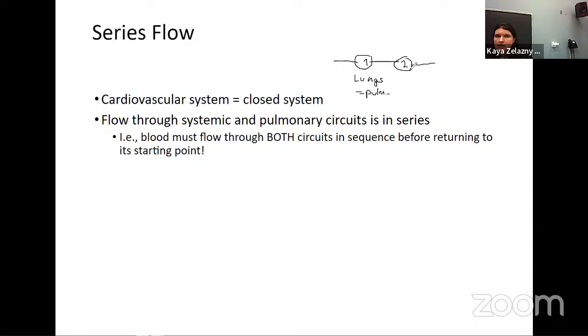And then next, second, we go out to the body, okay? So we went back to the heart. Now the left ventricle is pushing us out to the body through the systemic circuit. Second, because we had to go to the lungs to pick up oxygen first. Okay. Now, when we say that things are going through these two circuits in series, that is all that means, is that we had to go to the lungs first, then we went to the body second.